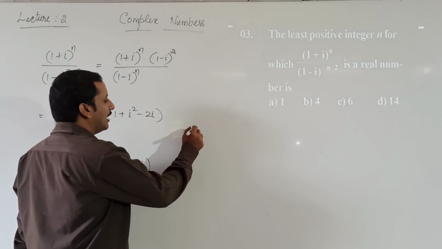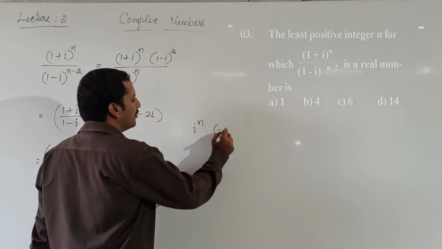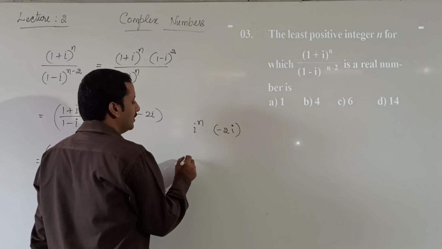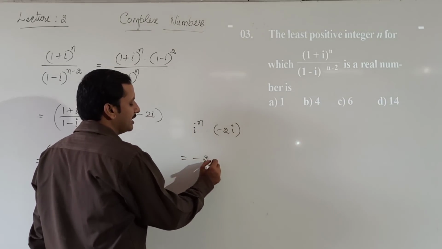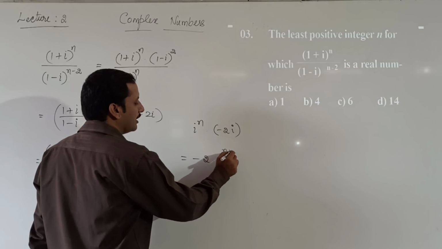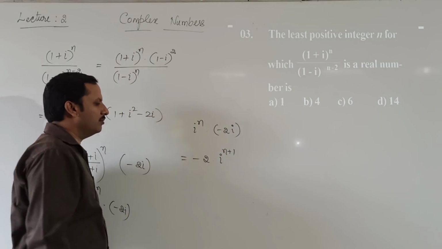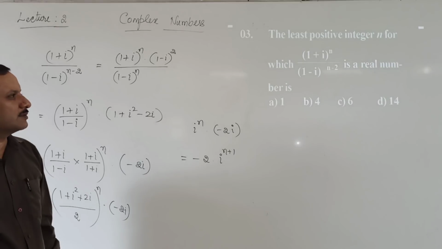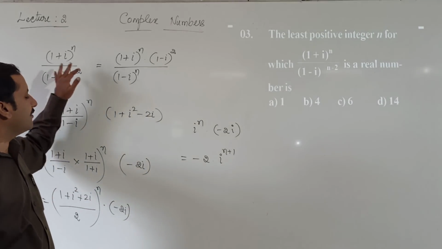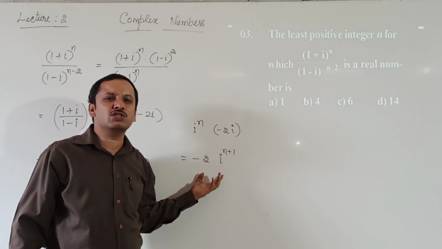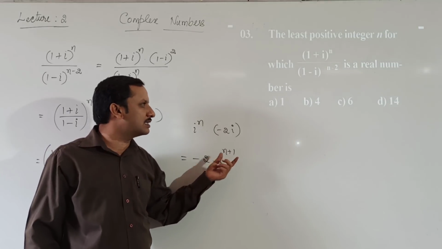So you have i power n into minus 2i. That's equal to minus 2 into i to the power n plus 1. So this expression, after all the simplification, we get minus 2 into i to the power n plus 1.